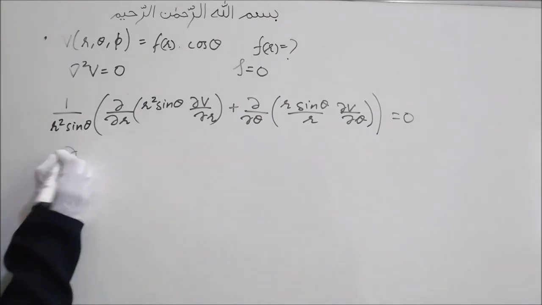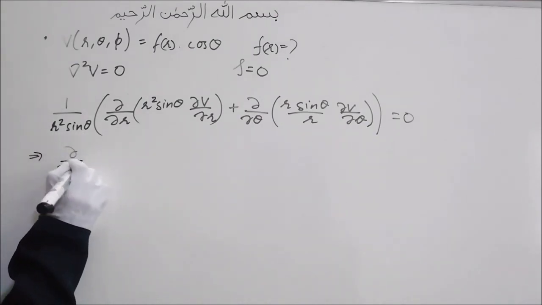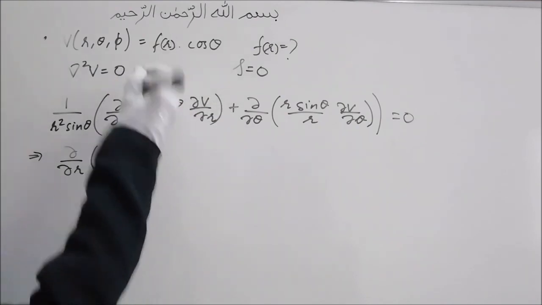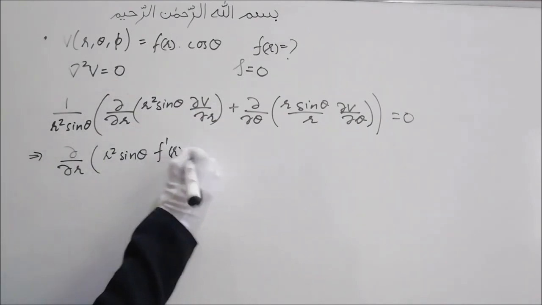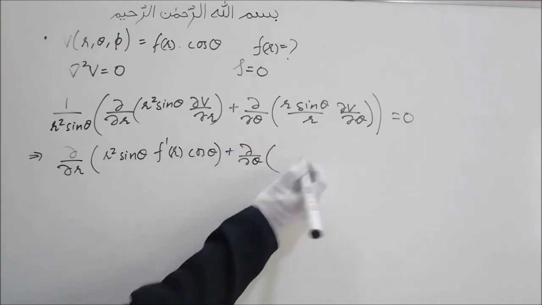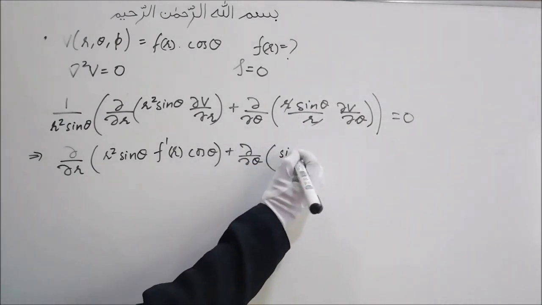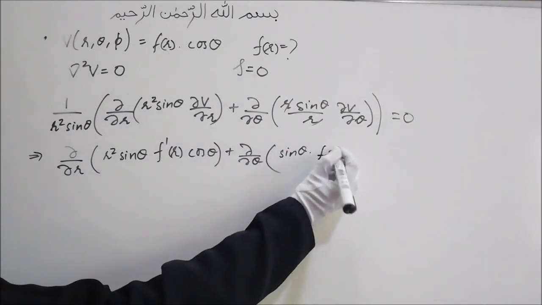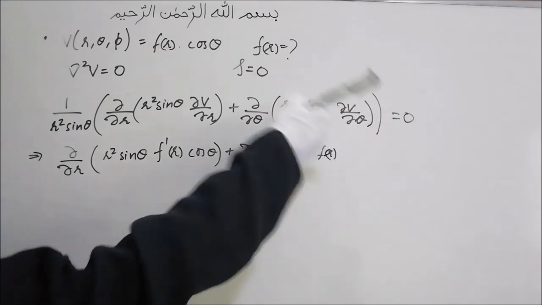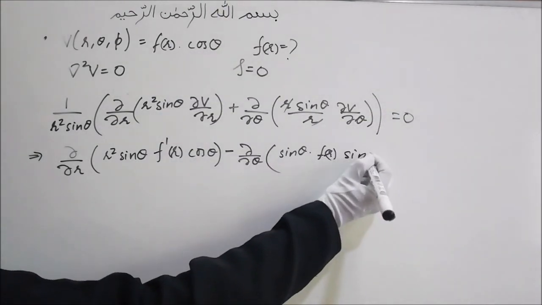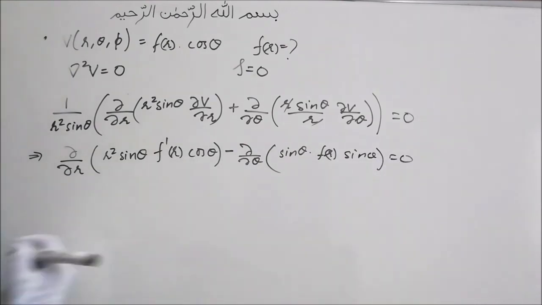So this equation now becomes del by del R of R squared sin theta del V by del R, which will be F dash of R cos theta, plus del by del theta, where R and R cancel out, of sin theta into del V by del theta, which will be F of R d by d theta of sin theta cos theta, and cos theta derivative is minus sin theta. This is equal to 0.